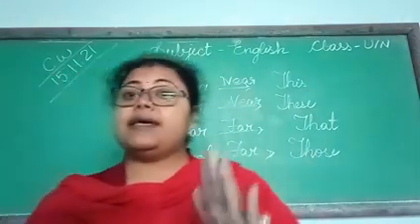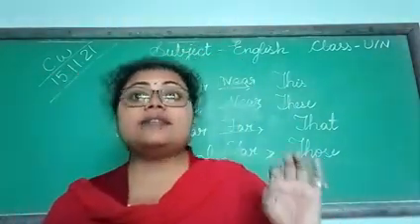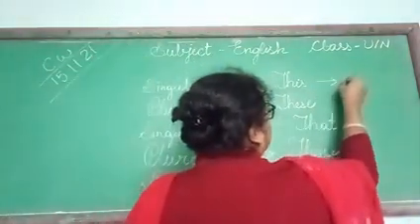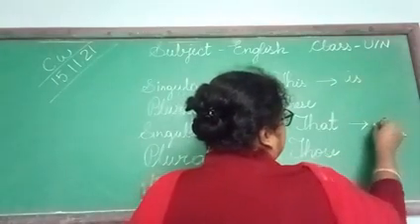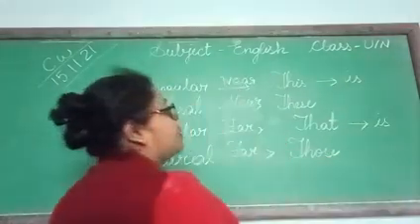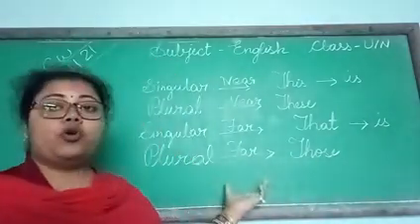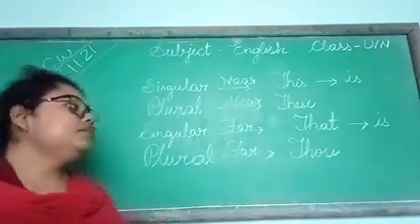Beside this and that, you will use is. This is a chalk. This is a board. That is a fan. Okay?